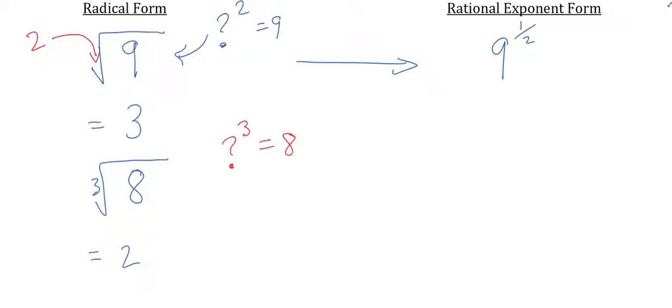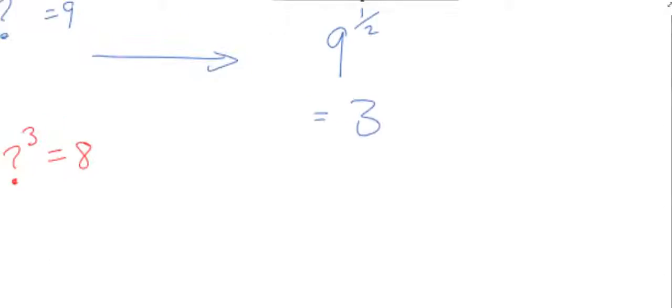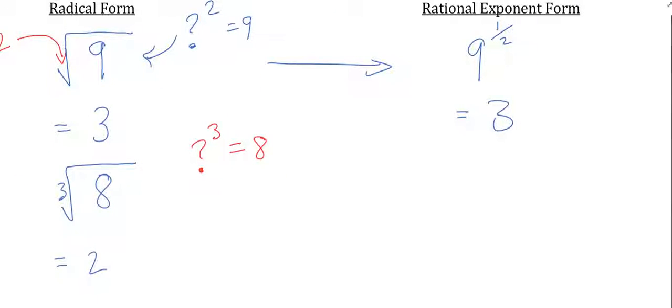If I'm just doing the square root, the denominator would be a 2 because this was a 2. And so this still equals 3. It means the same thing. So how would I write this one? Ellie?